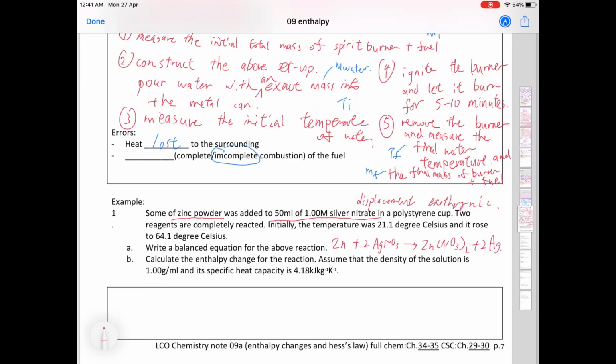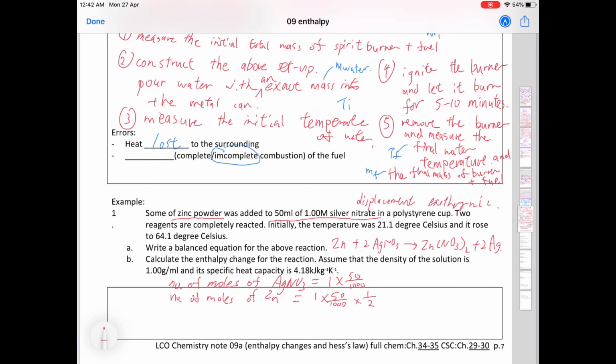Calculate the number of moles of silver nitrate first. We just use M times V, and the number of moles of zinc is equal to 1 times 50 divided by 1000, and then the mole ratio.